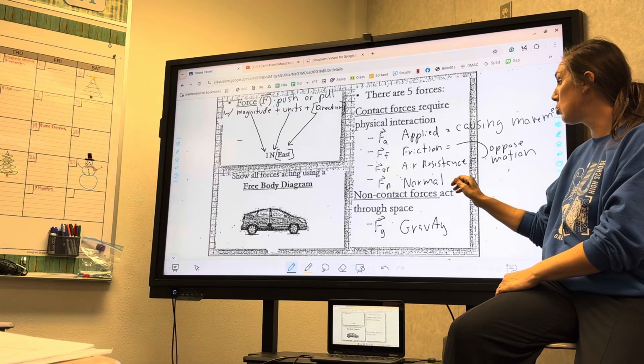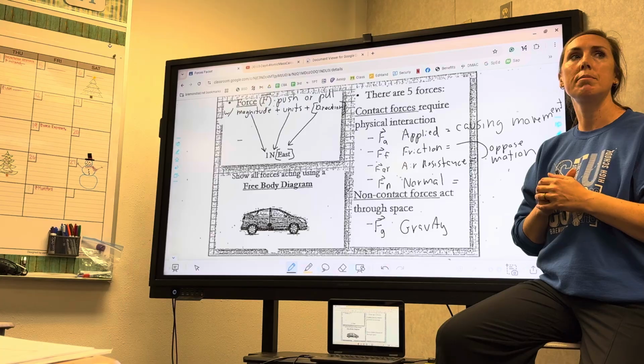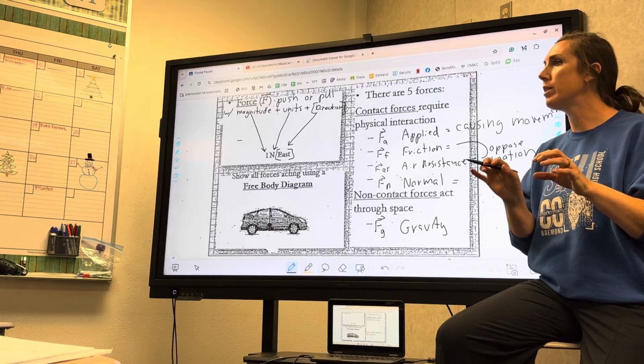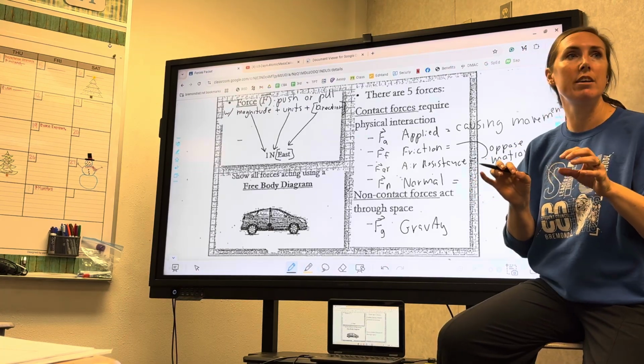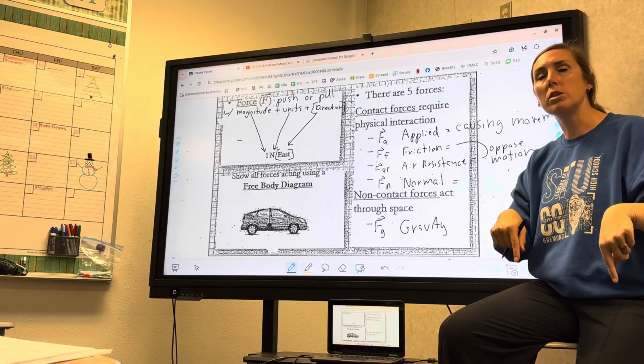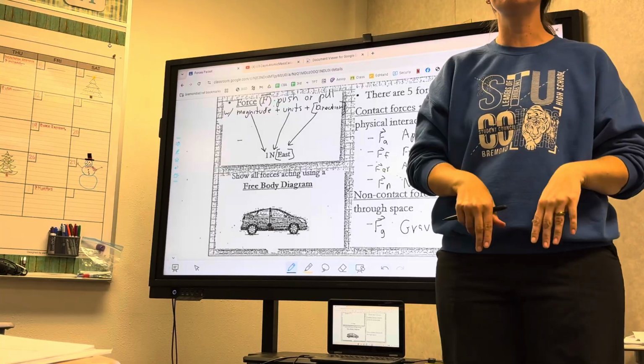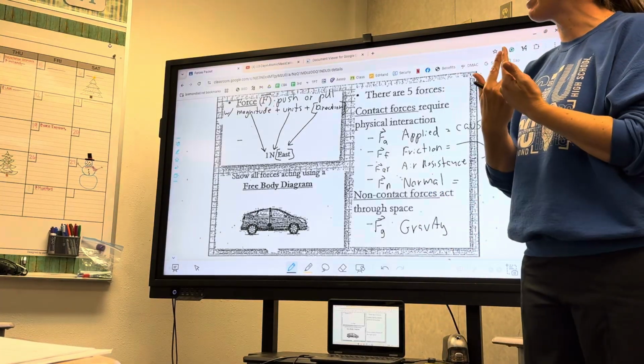So this is normal. Okay, what is this normal force? Okay, where does gravity push us? Up or down? Why don't we just sink to the center of the earth, which gravity pulls us towards? What's underneath us? Ground. The ground. So when we push on the ground, it pushes back up at us.